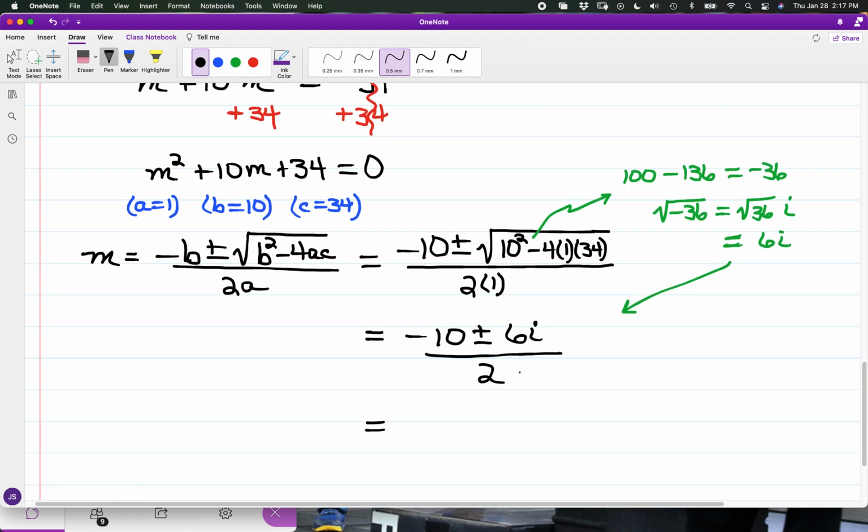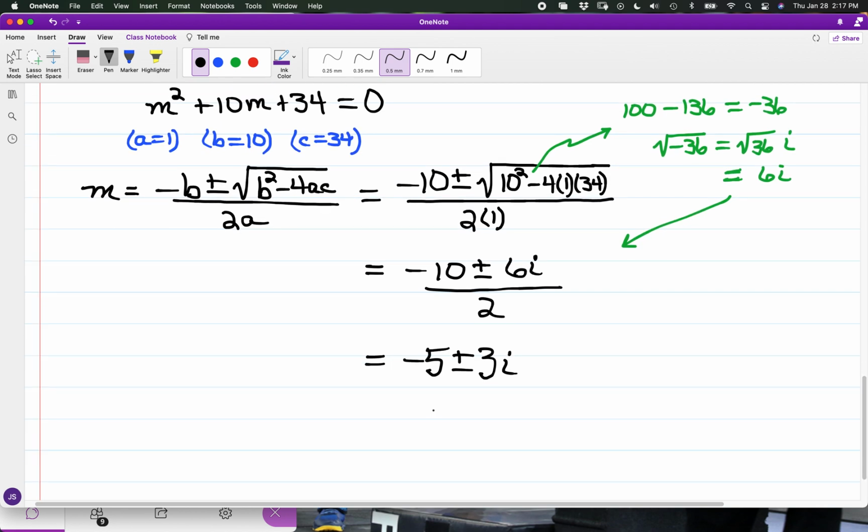So you have negative 10 divided by 2, so this would be negative 5, and plus or minus 6i over 2, and 6 divided by 2 is going to be 3, so we have negative 5 plus or minus 3i. And just for the expanded notation, we have negative 5 plus 3i. Also we have negative 5 minus 3i.